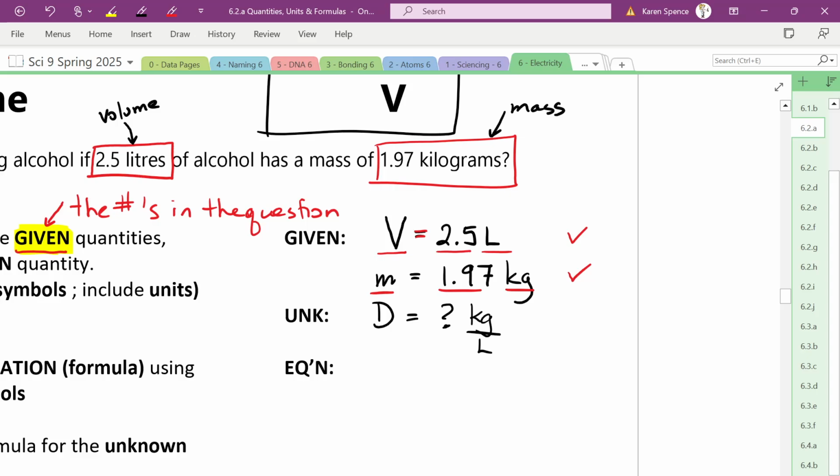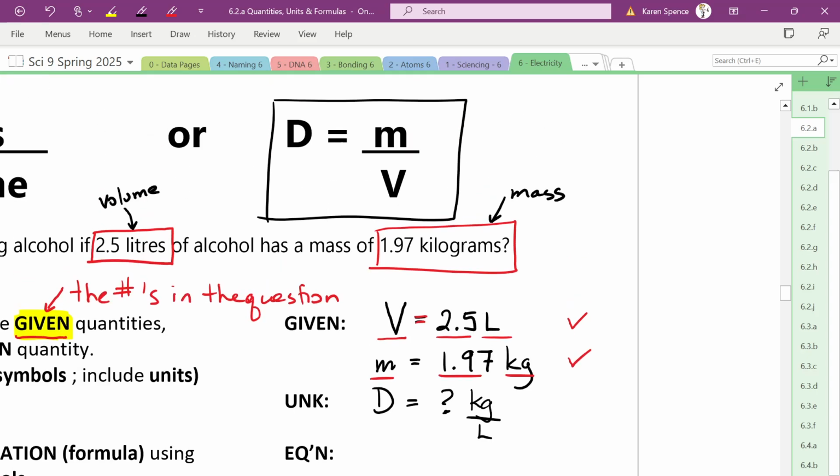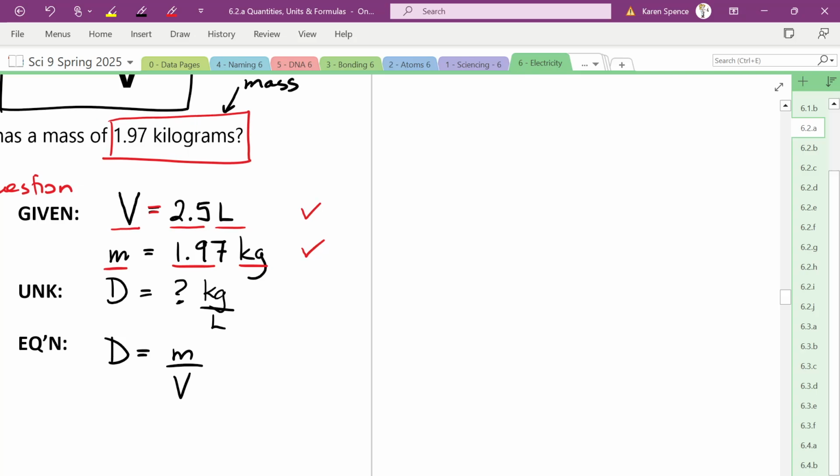Your equation. The equation will either be given to you like it is here, and in this case, we can just write D equals M over V. Or later on, you'll have three equations to choose from. You will have the I quit equation, I equals Q over T. You don't have to know these yet.